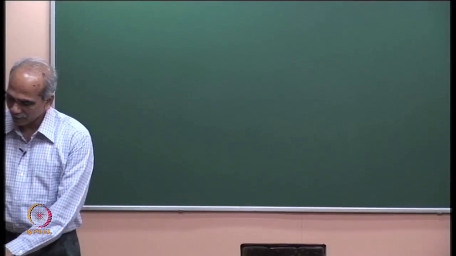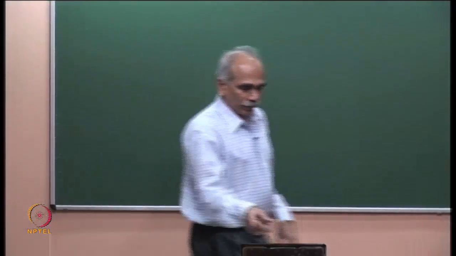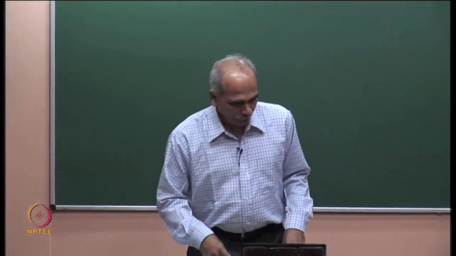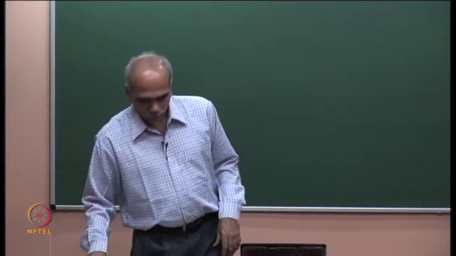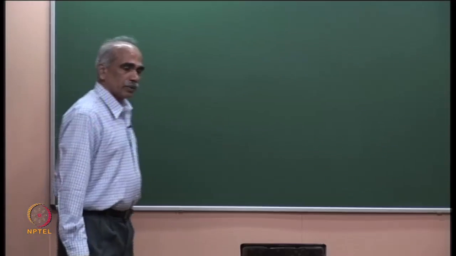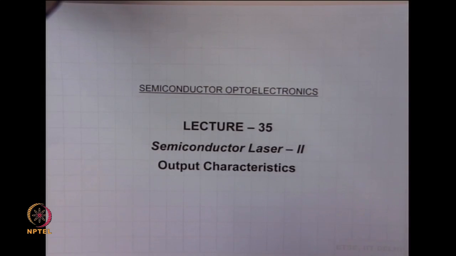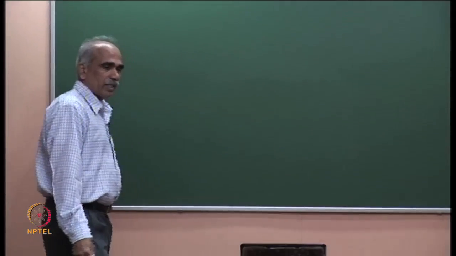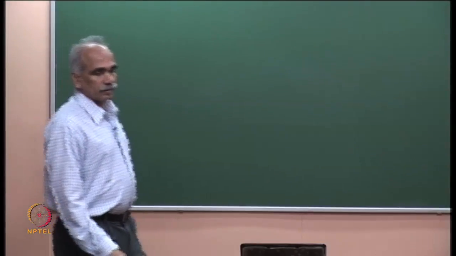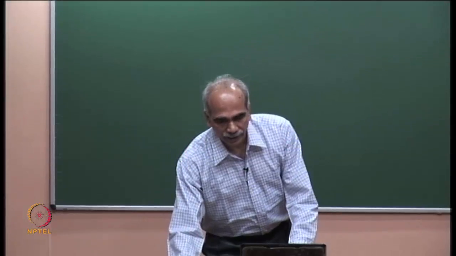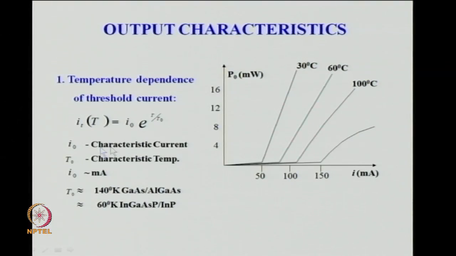So, let us continue with the output characteristic. Before I take up the PPT, there is an important point about the threshold, the output characteristic, where we have plotted current on this axis versus the optical power here.